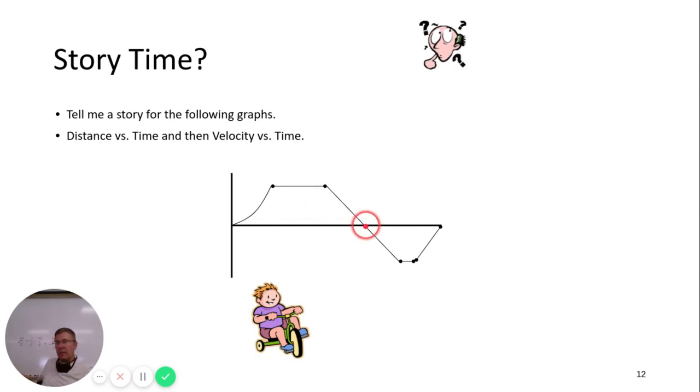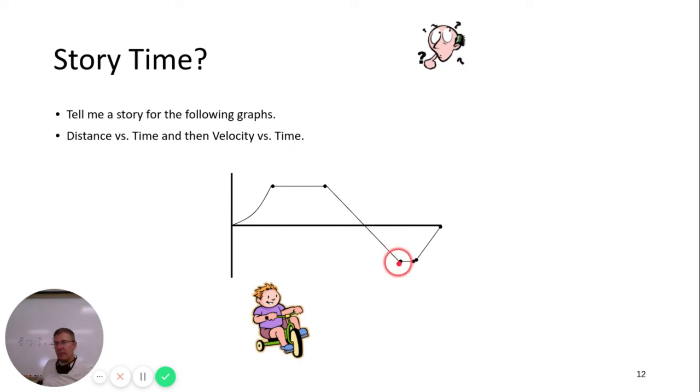And now right here, you crossed over the line. So now you're getting negative displacement. This one, you're going forward. This area, you're going backwards. Here, you're going backwards with increasing velocity. So you're going faster and faster.